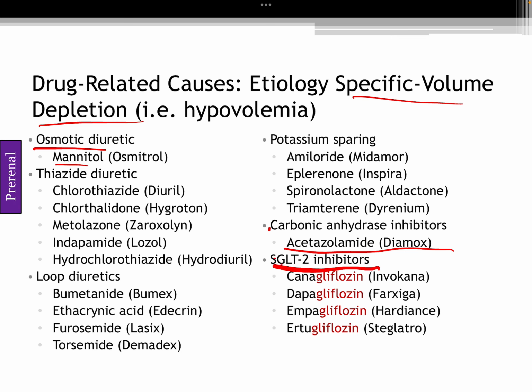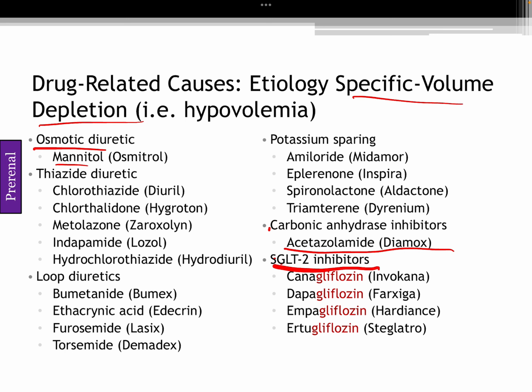And then SGLT2 inhibitors may be an agent that you're not as familiar with. These are sodium glucose cotransporter 2 inhibitors. They actually will stop the reabsorption of glucose in the kidney and cause an increase in glucose diuresis.